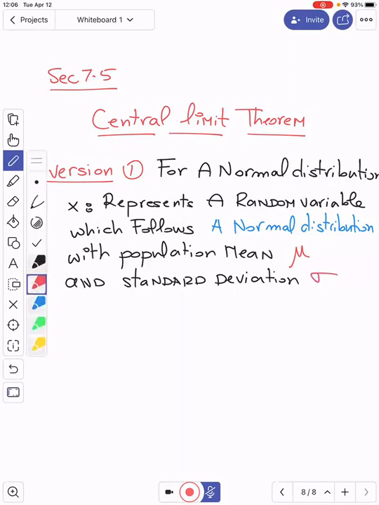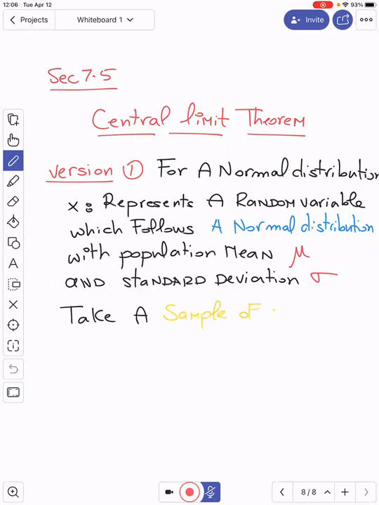And then we said if you take a sample of size n, and let's say X bar is the sample mean or the sample average, then the theorem says the following.